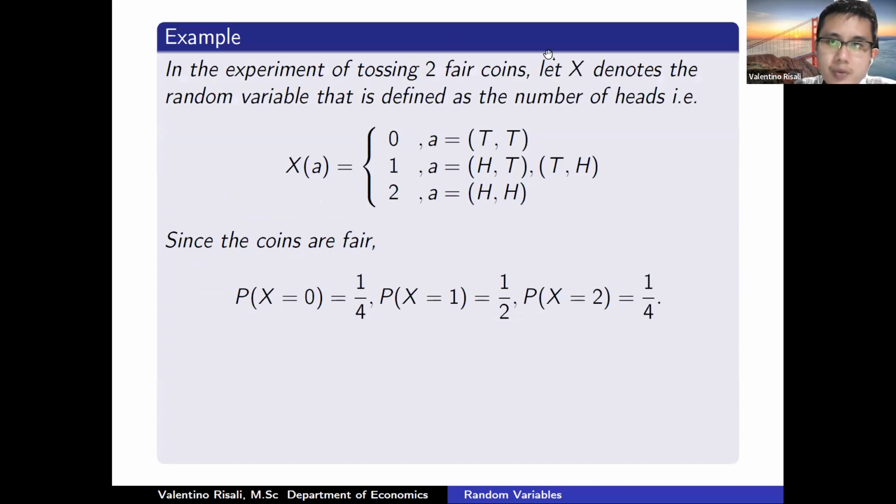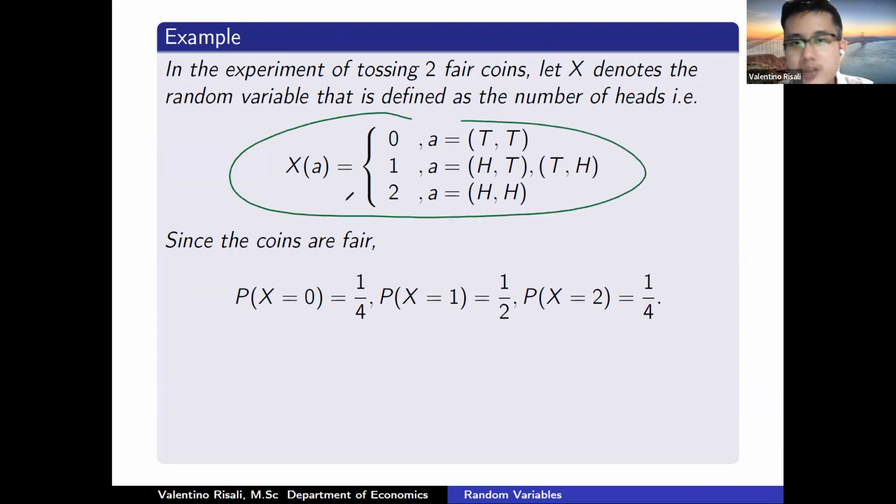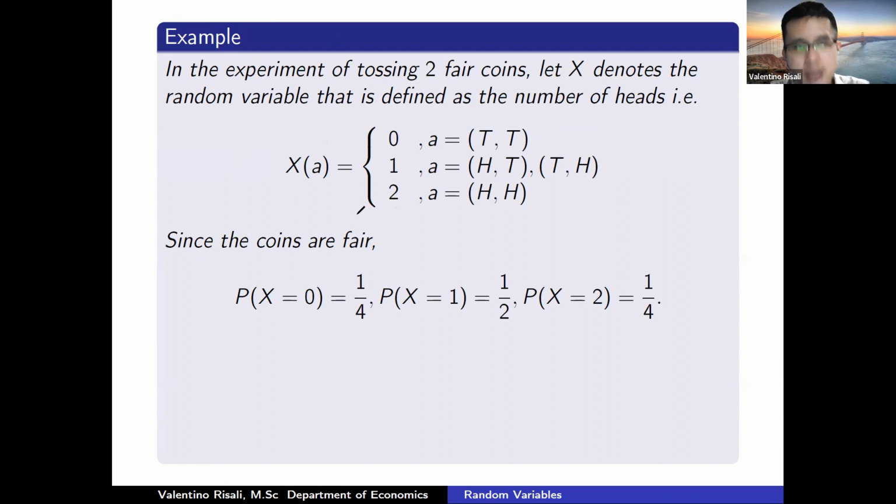And yeah, we consider this example. As we discussed before, this is the definition of the random variable, and then this is the probability of this value. Consider again our definition of the PMF, that is the probability of X equal to little x.